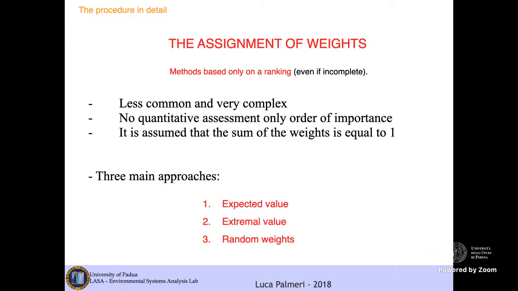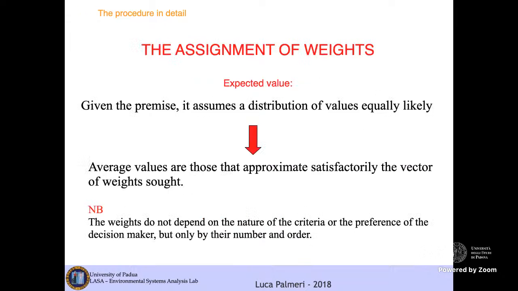We have 3 main approaches for building this kind of distribution of weights: the expected value, extremal values, and random weights. We will go very quickly because I'm not going to ask you very much about this. Expected values, given the premise, assumes a distribution of values that are equally likely. The average values are those that approximate satisfactorily the vector of weights sought.